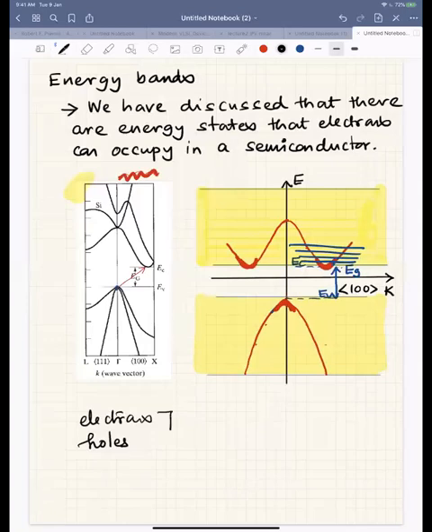So for this, we need some more information, and the first information we need is available energy states, right?